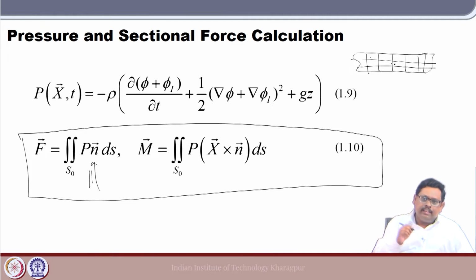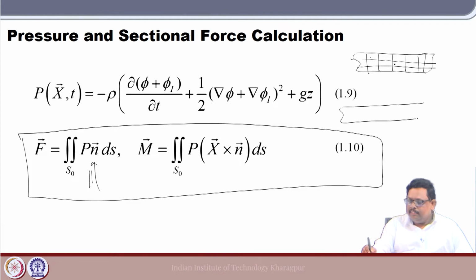However, in case of a flexible structure, I really do not want the force at the center. What we need is a pressure distribution, or in fact a force distribution.